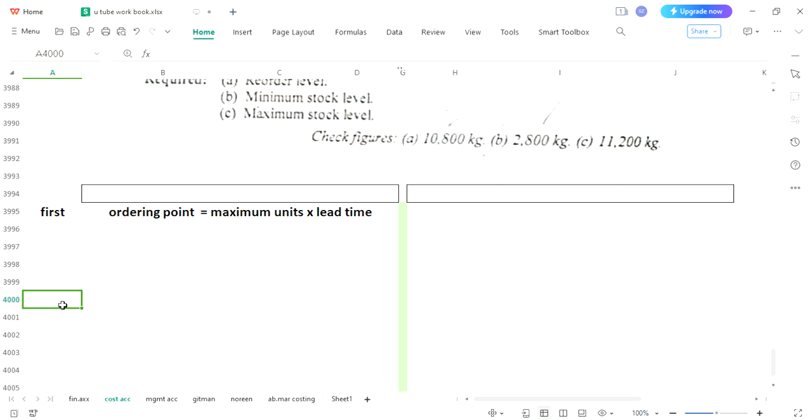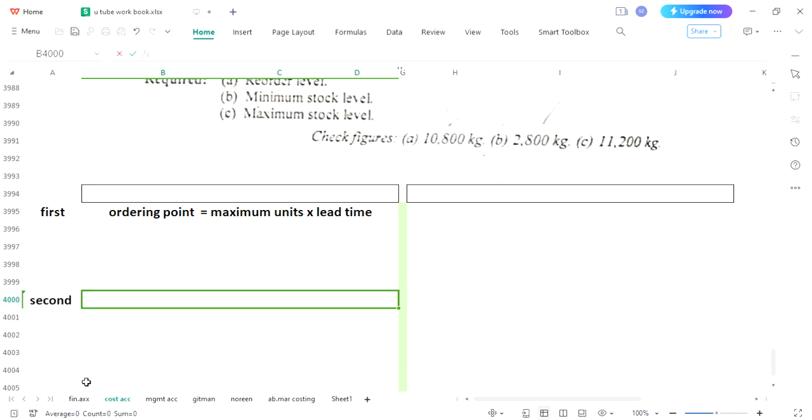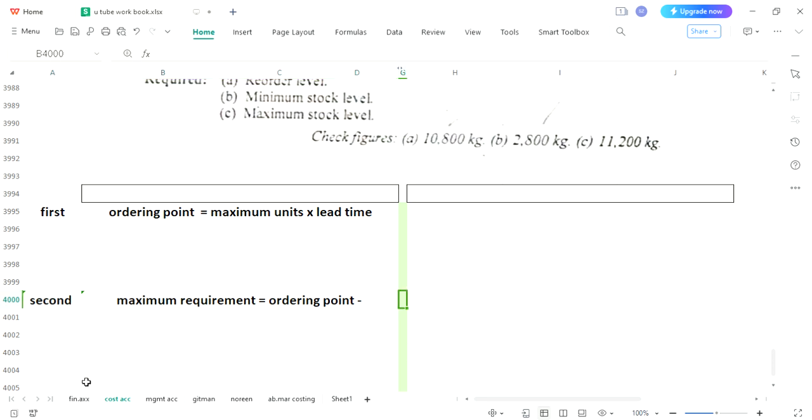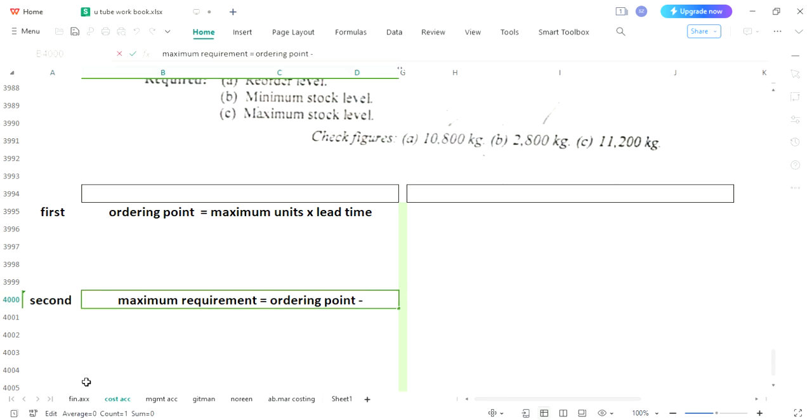Then we will see our second target, under which you will be calculating the maximum requirement. And how would you calculate the maximum requirement? You need the ordering point, and you will subtract. Actually this formula is a little large, so instead of doing it here, we can take half of this part downward.